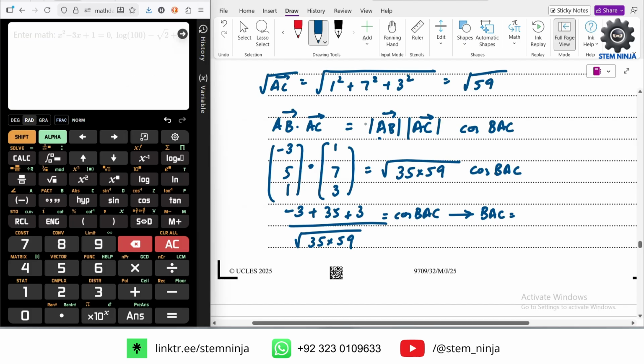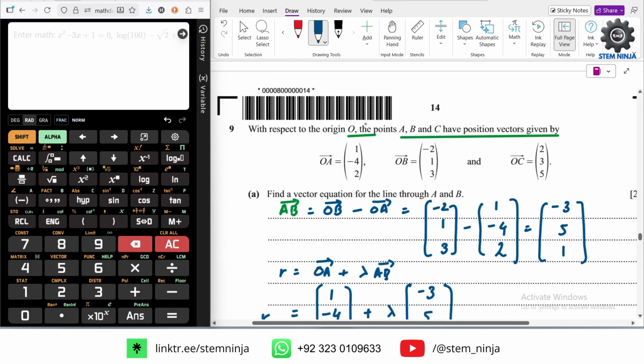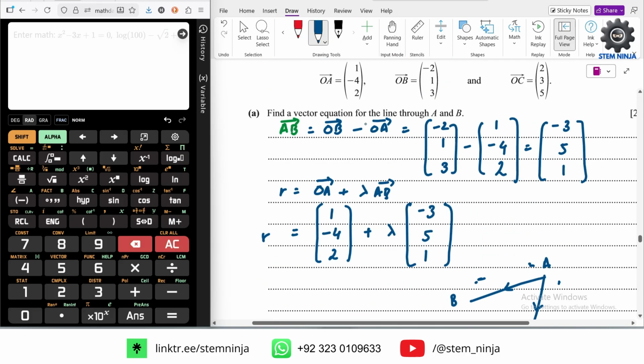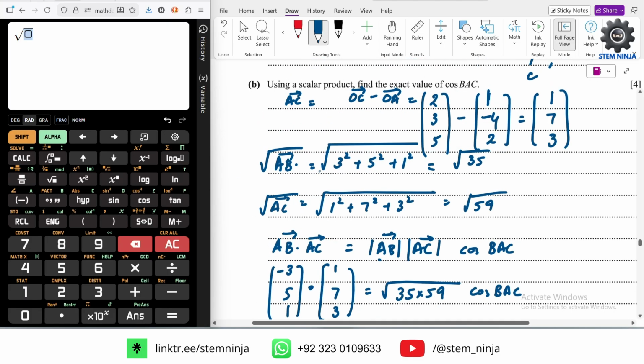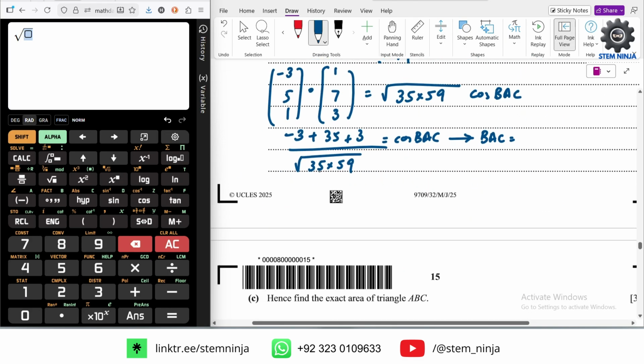So we need it in, find the exact value of cosine of that. Right, okay, so we just need the exact value of cosine of that, right? We don't need the angle. Okay, my bad.